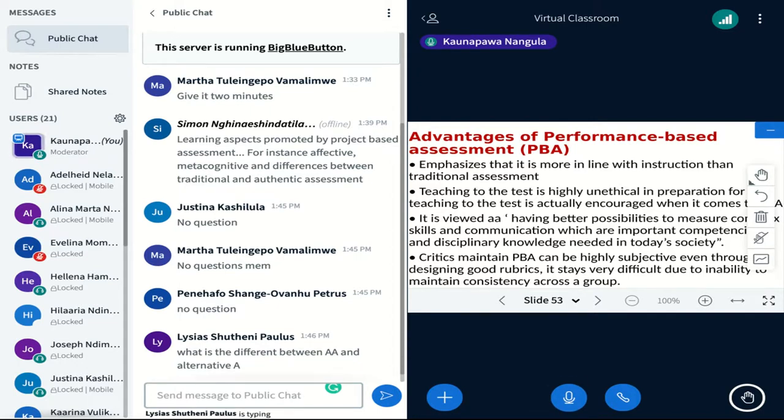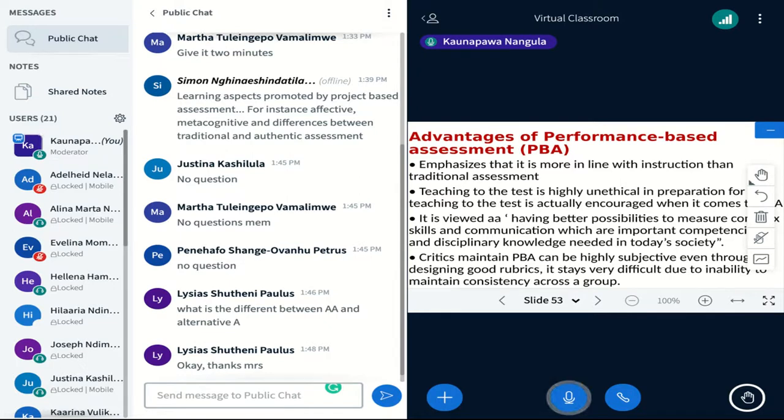So the critics of the performance-based assessment maintain that performance assessment can be highly subjective, and even though developing functional scoring rubrics and other standards of evaluating the performance that is being assessed, it can be very hard to achieve, all right? Because applying the standard consistently across a group of oral performances, research projects and portfolios can be very difficult.